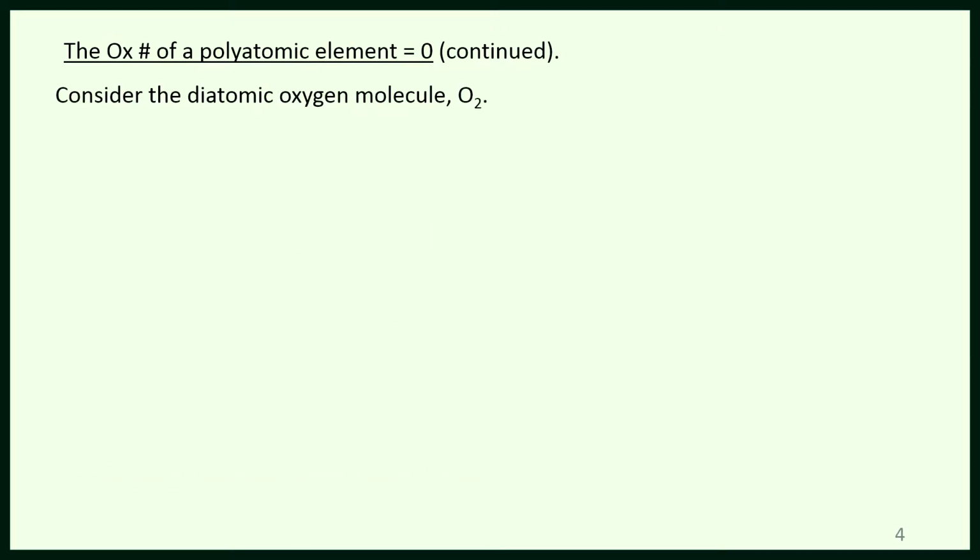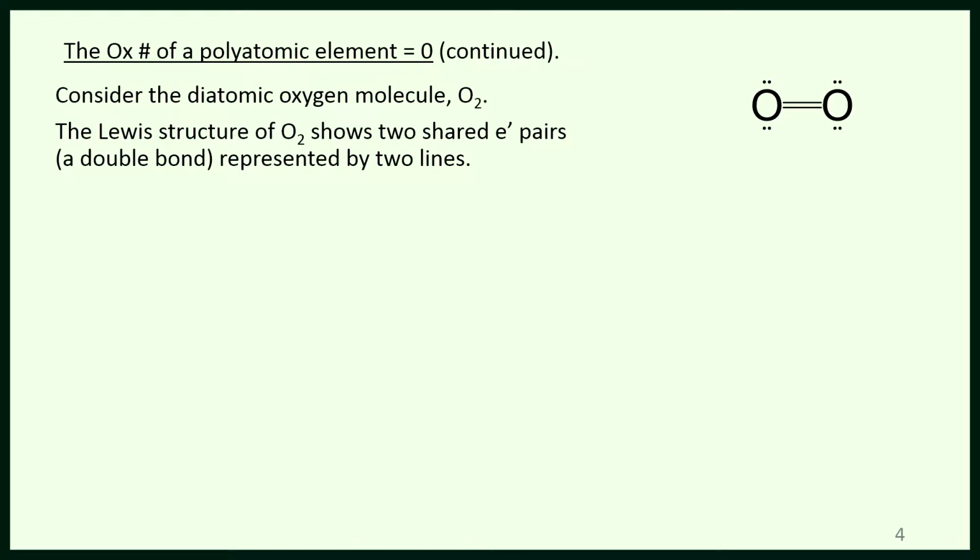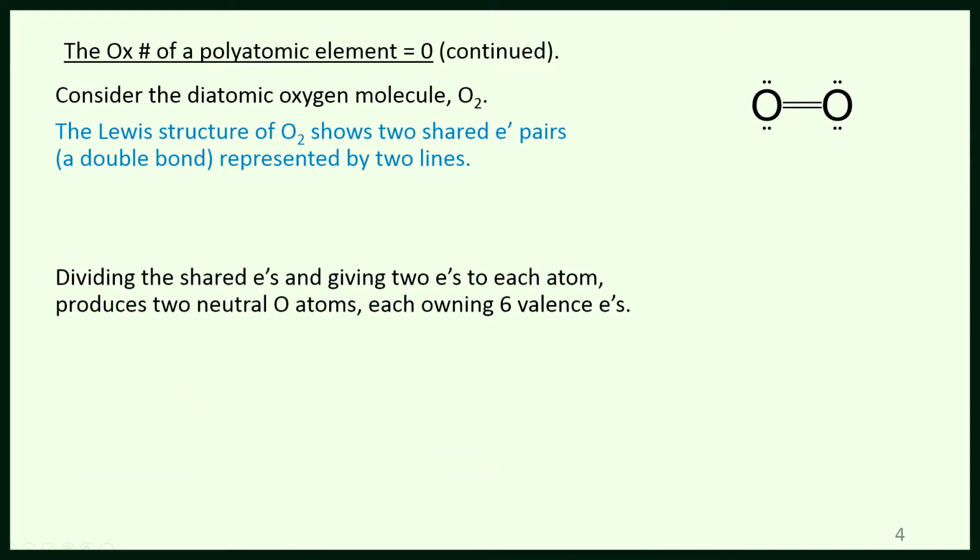Let's look at a couple more cases. Diatomic oxygen, O2. Here's its Lewis symbol, or Lewis structure. It has 2 shared electron pairs, a double bond represented by 2 lines.